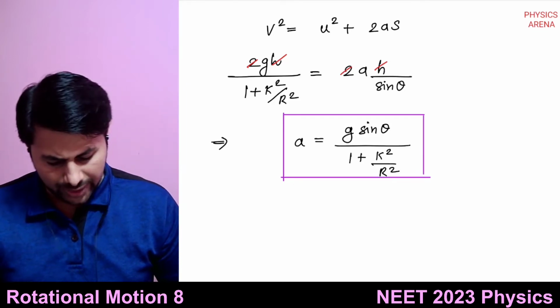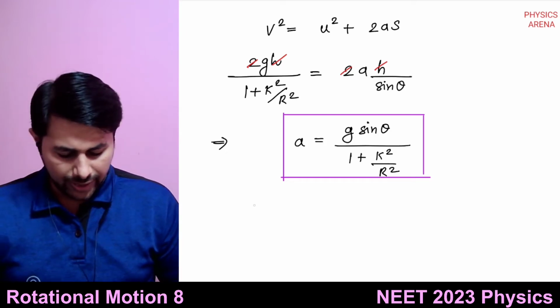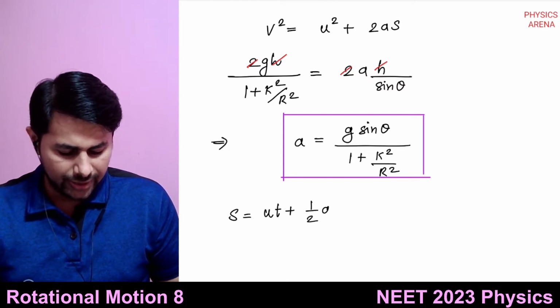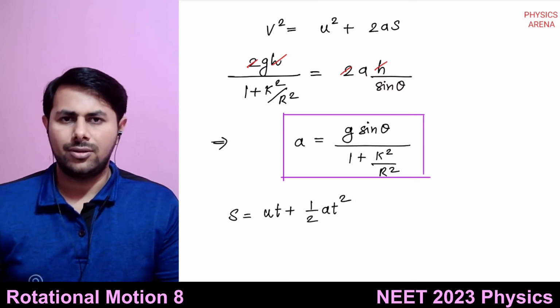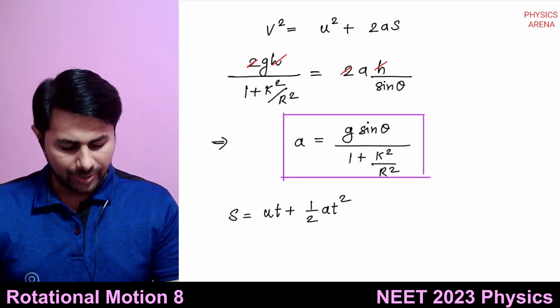And one more thing, we can use s is equal to ut plus half of at square, and we can find out time.